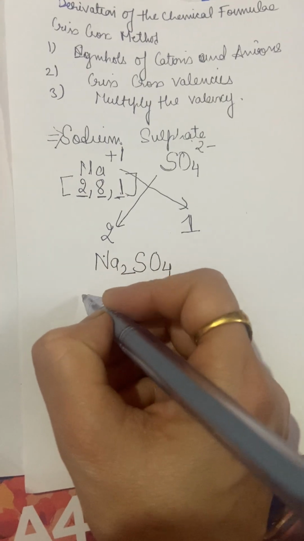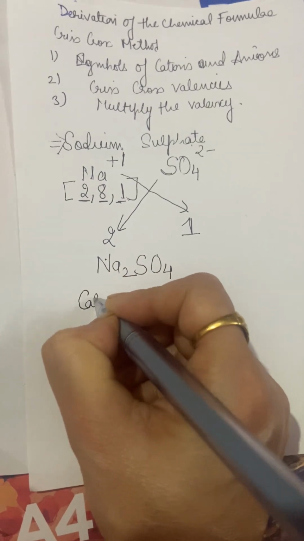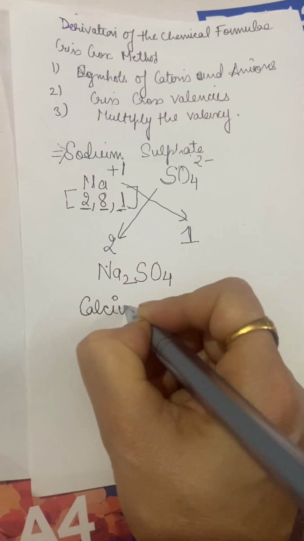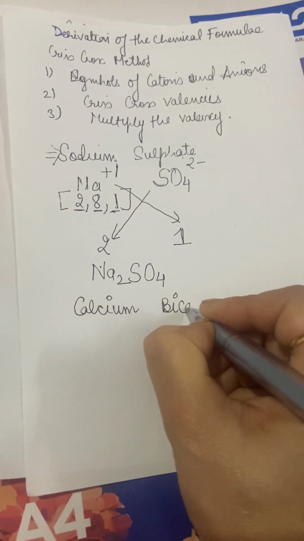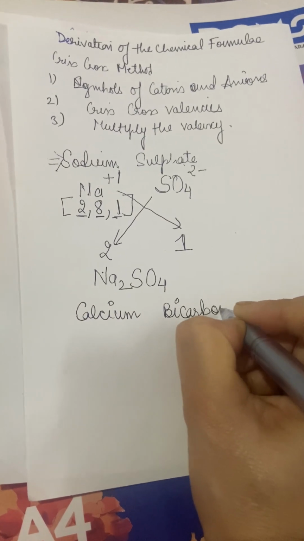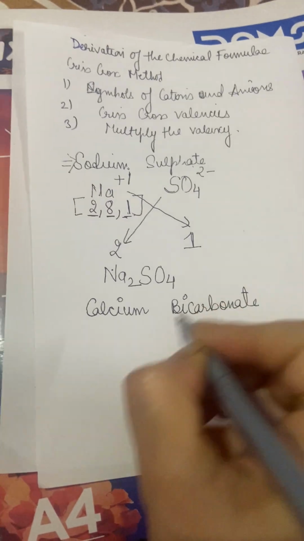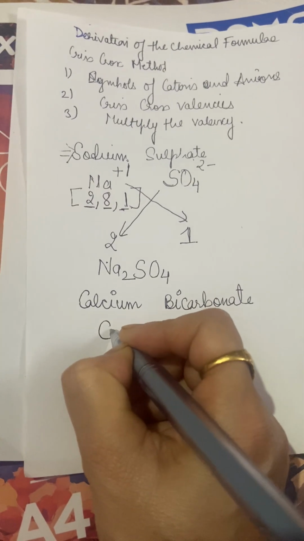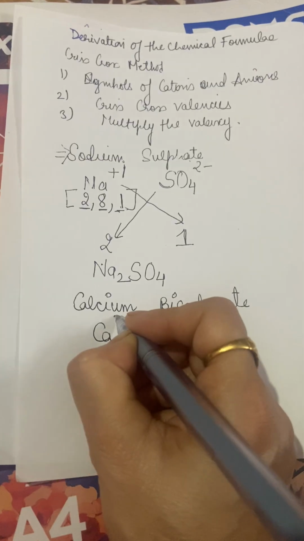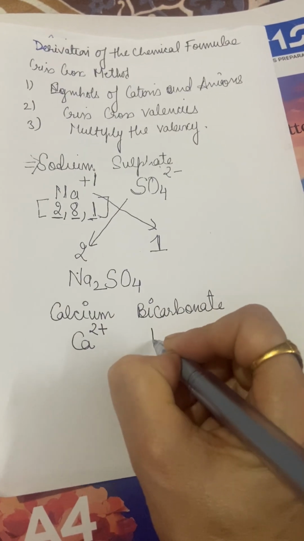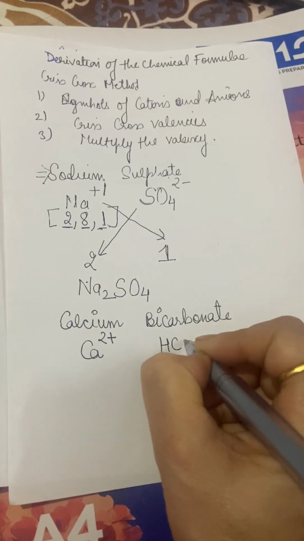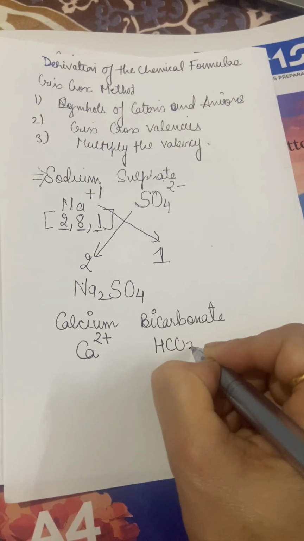If we have calcium bicarbonate, let me derive that. Again, the first step is to write the symbol of calcium along with the valency 2 plus, and bicarbonate will be HCO3.